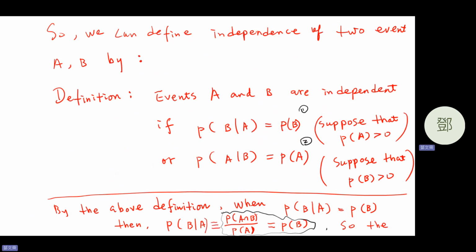So we can define the independence of two events, A and B, by the following definition.